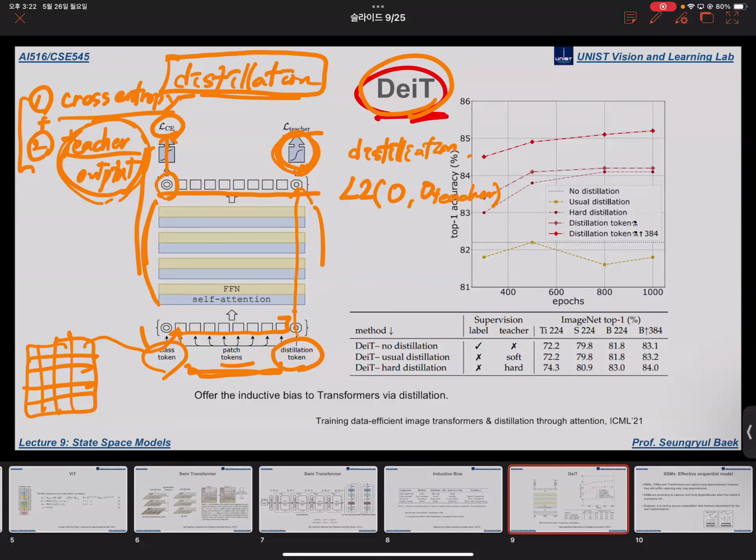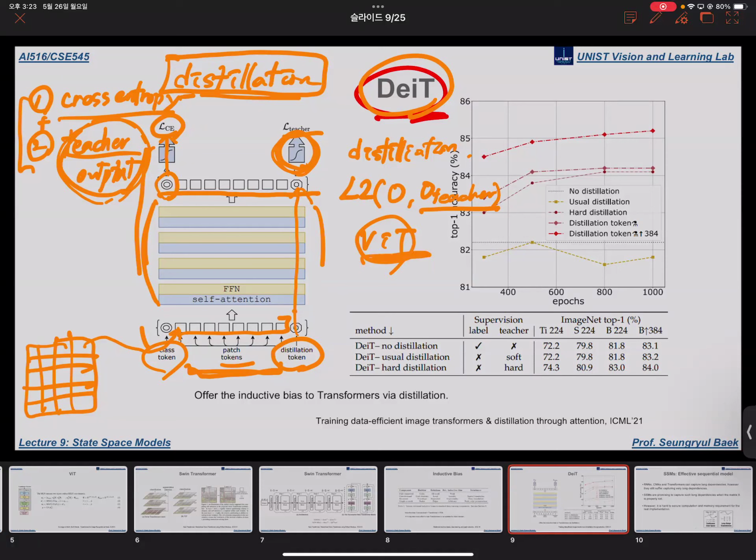We are trying to make our output follow the teacher's output. And the teacher network is a CNN architecture, which has some inductive bias, because ViT is non-trivial to train. It takes more time compared to the CNN because of the inductive bias.